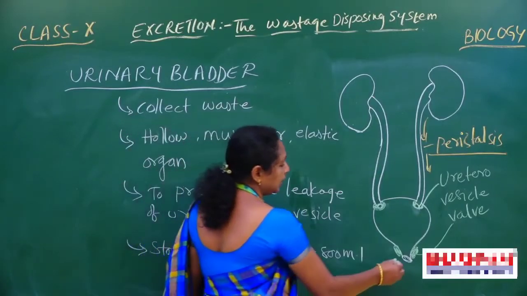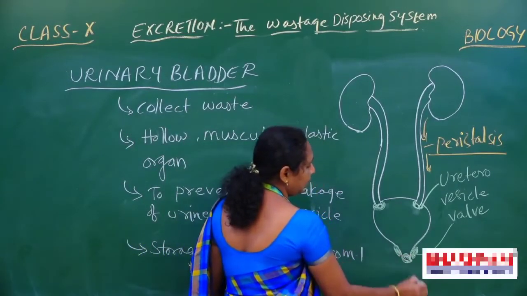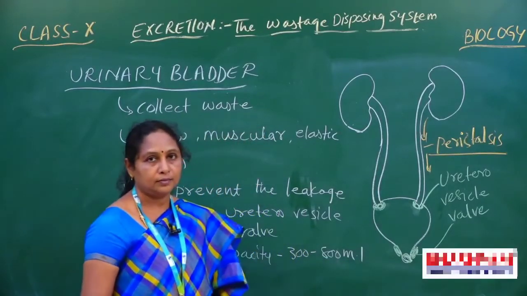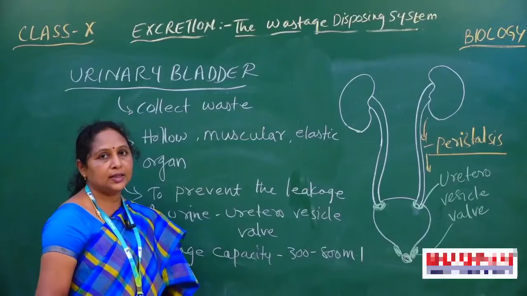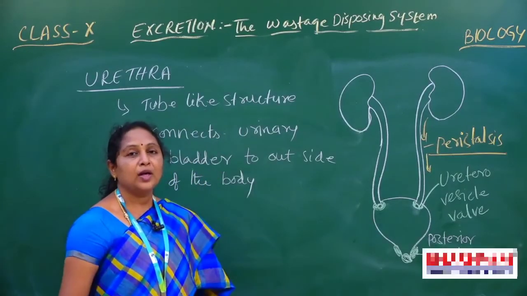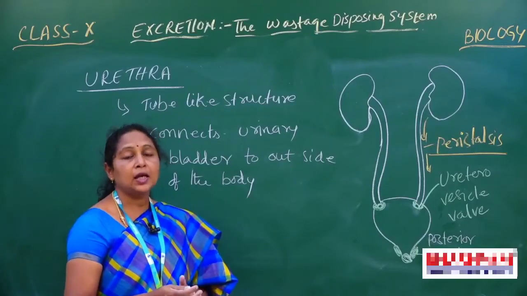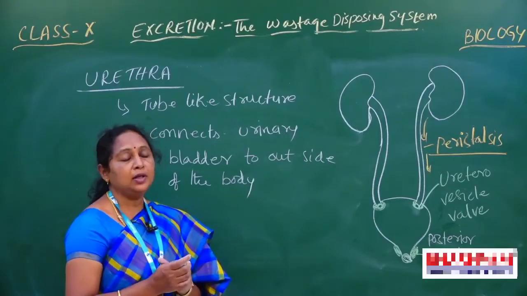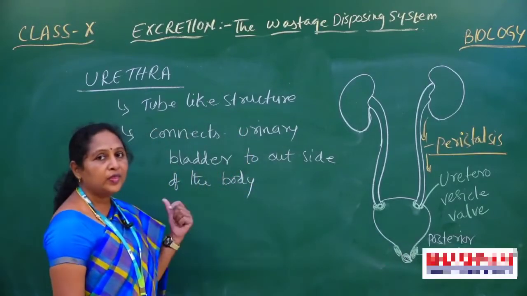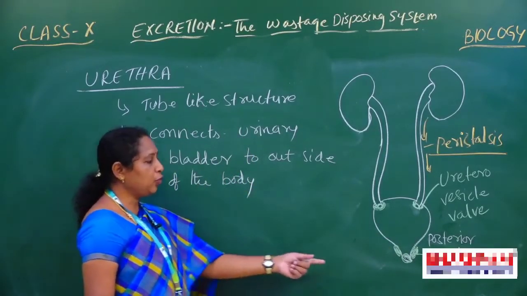Next is the opening through which the urine passes out of the body, that is the urethra. Let me discuss the urethra. The urinary bladder, which is pear-shaped, a hollow, flexible, bag-like structure, opens out of the body through one opening.